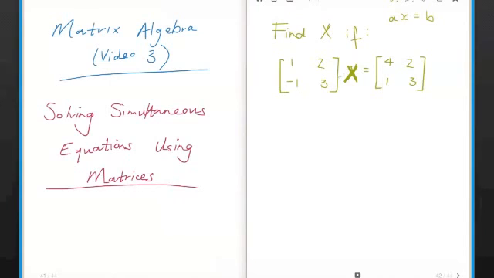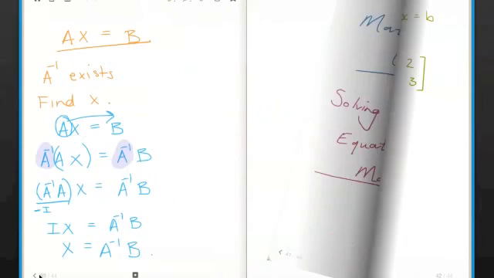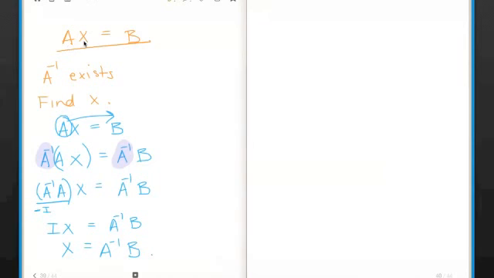We talked about it in the last video: if I have AX equals B, then X is equal to the inverse of A times B. So A is out the front, so it needs to be out the front on the other side.